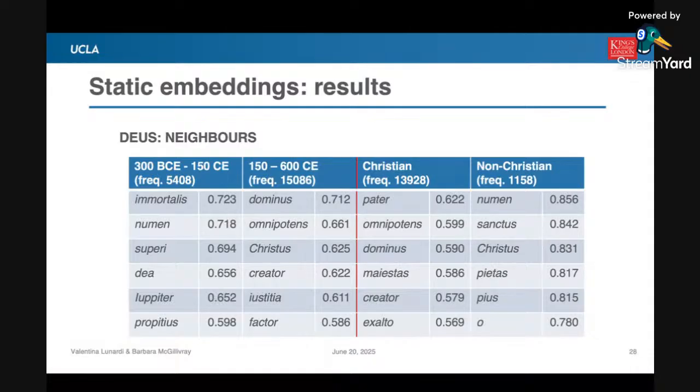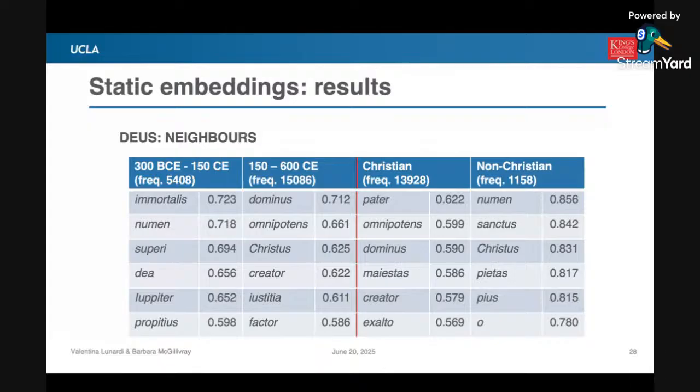So starting off with Deus, we've got the first time slice. I think for the first and second time slice, the results are quite clearly picking up on the difference in meaning. If you look at the nearest neighbors listed below, I just listed the first six, but you can see some typical associations or ways to address God or the gods.